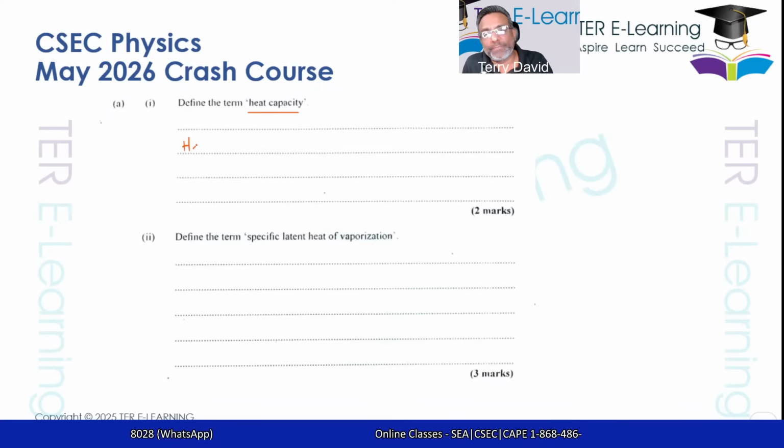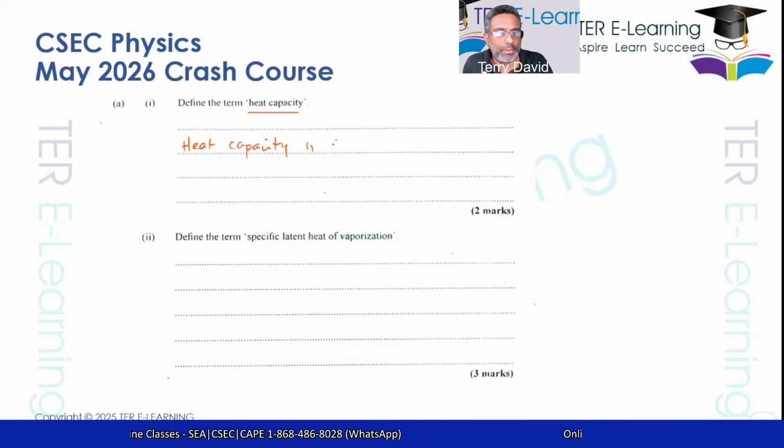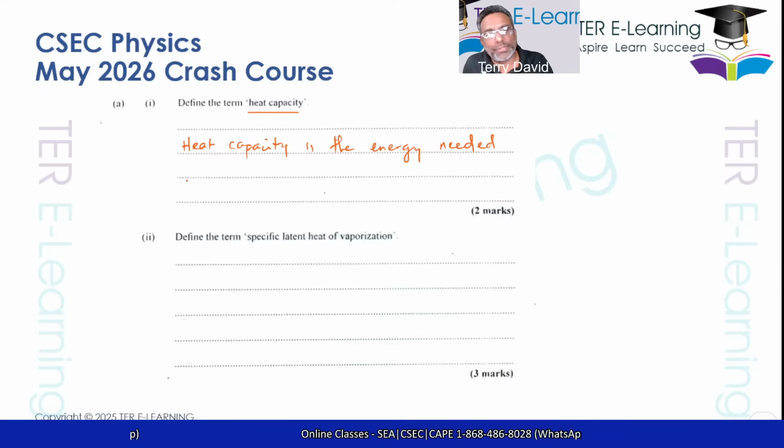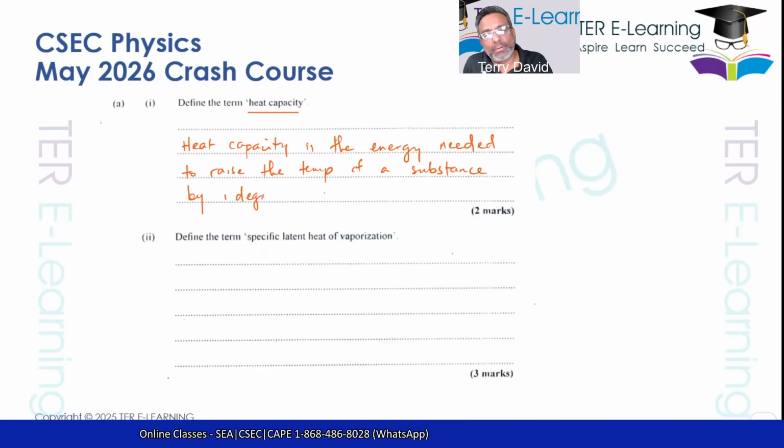So heat capacity is the energy needed to raise the temperature of a substance by 1 degree. So that is what heat capacity is.